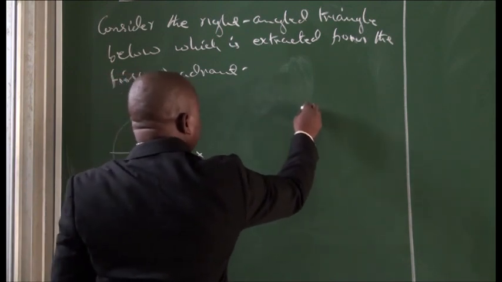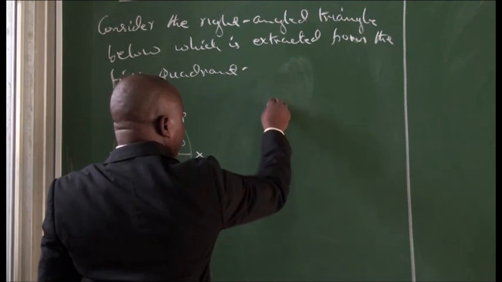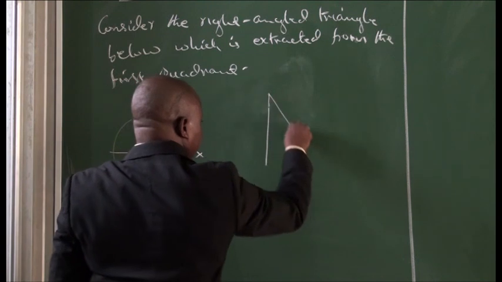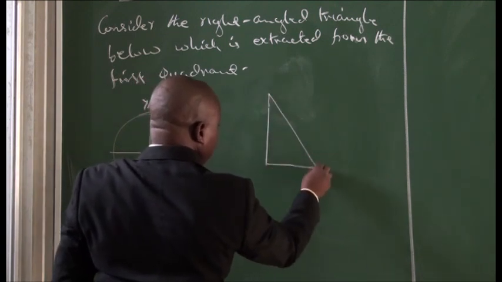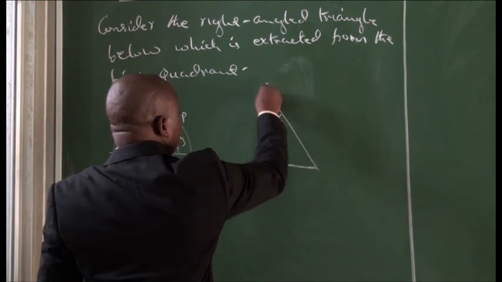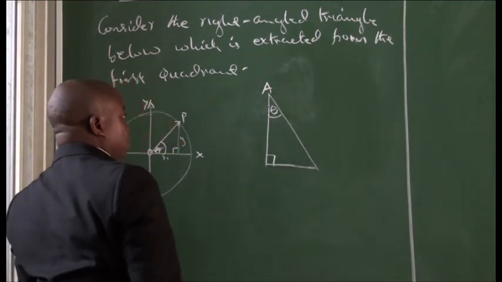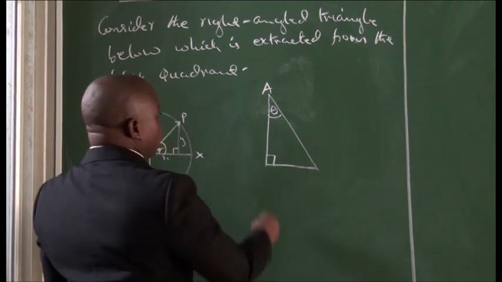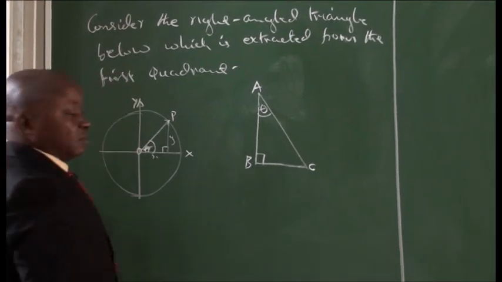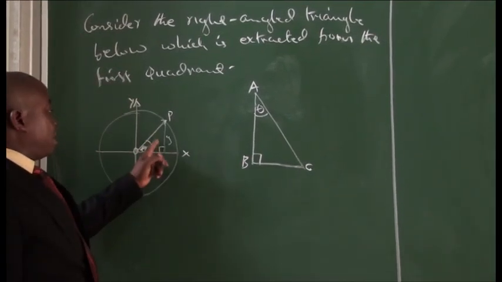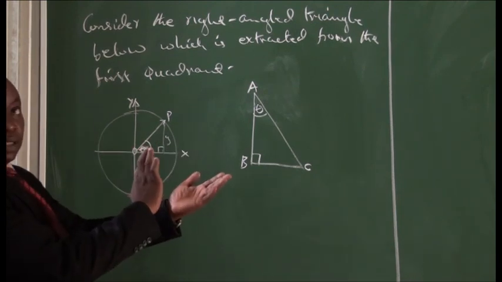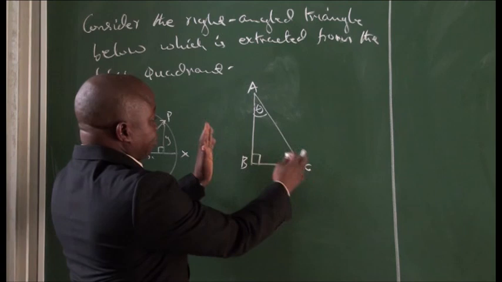I want to bring it so that it will be bold. Let me call the points A, B, C. Now, this is the same right angle here. I just bring out the right angle and turn it like this so that it will be bold to see.